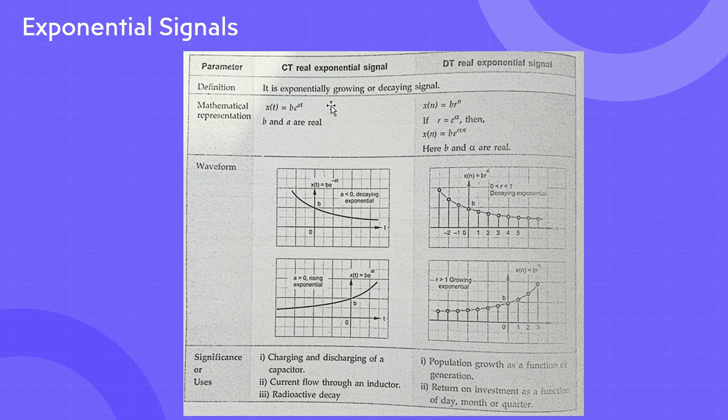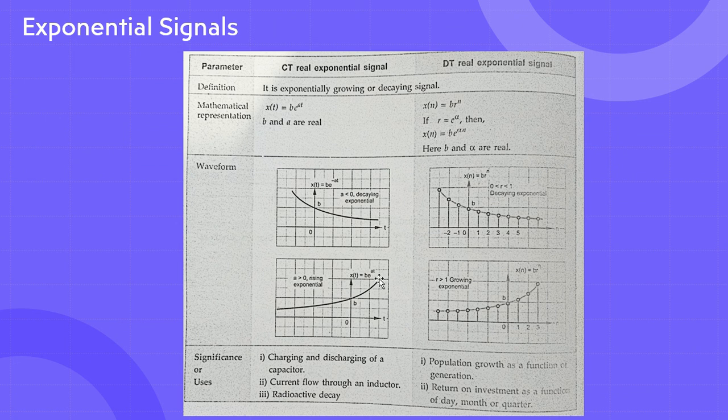When a is less than 0, my exponential signal will be a decaying exponential, it is coming down, see. And what will happen when the value of my a is greater than 0? At such time my exponential will be a rising exponential, see, it is rising from here. It is increasing here.